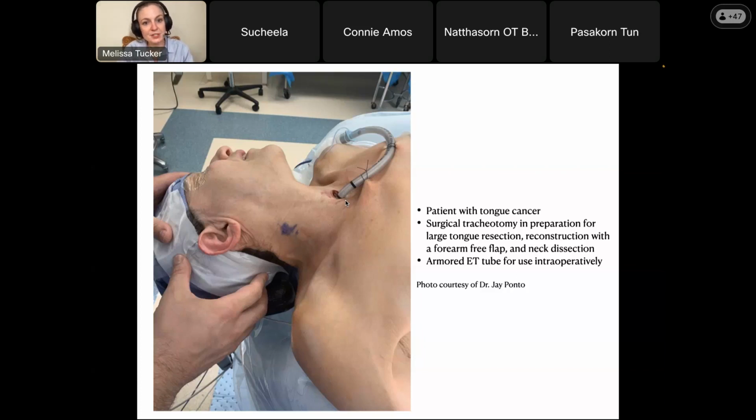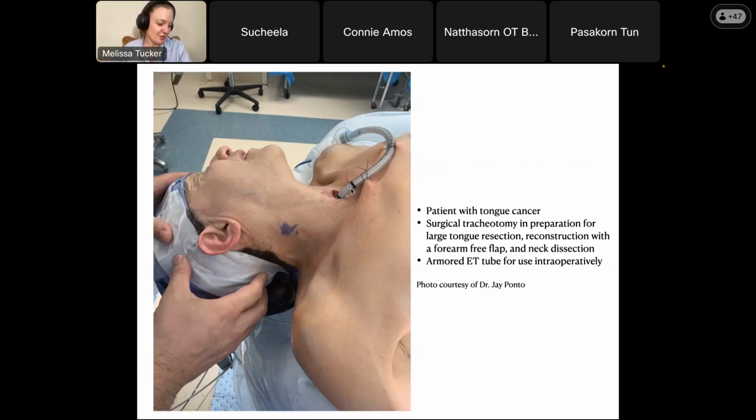So this patient, this is the very beginning of the procedure. They've marked where the neck dissection is going to be. They've done the surgical tracheostomy. They've got the airway going, but they haven't had the tongue resection or the arm flap done yet. And I thought this was a great example, when we're talking about, does a tracheostomy cause dysphagia? In this patient, it's probably not the tracheostomy that's causing their dysphagia, but they have a big cancer on their tongue and they're about to have part of their arm in their mouth.